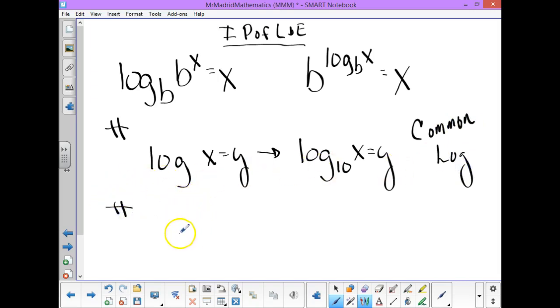So, going into today's lesson, we now have log base e of x equals y. You're wondering, what's the difference here? Well, e, in case you have forgotten, is an irrational number. It's a number, just like 10 is a number.